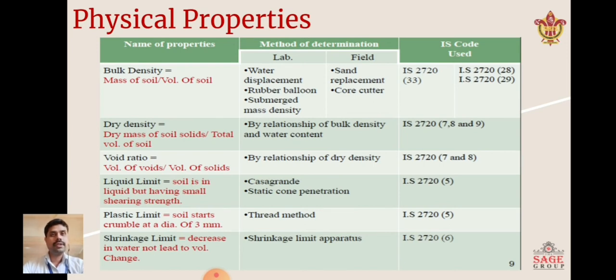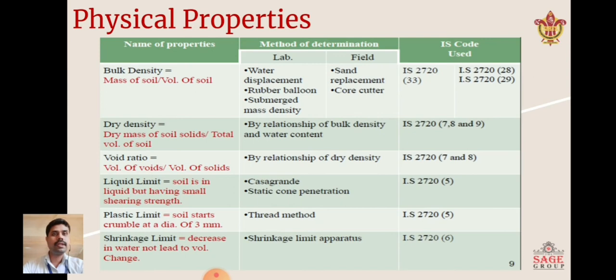Now, the next physical property is dry density, which is equal to dry mass of soil upon total volume of soil. This physical property can be determined by the relationship of bulk density and water content.